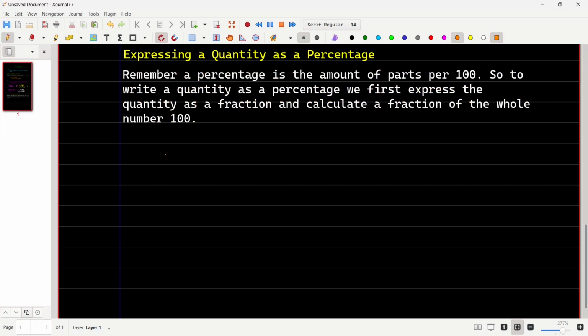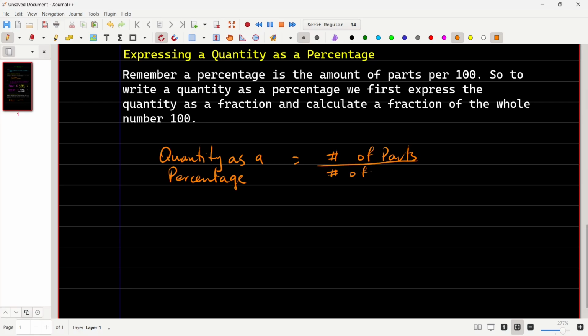So if you want to express a quantity as a percentage, what we can say is we can take the fraction, which is the number of parts over the number of parts in the whole, and times it by 100.